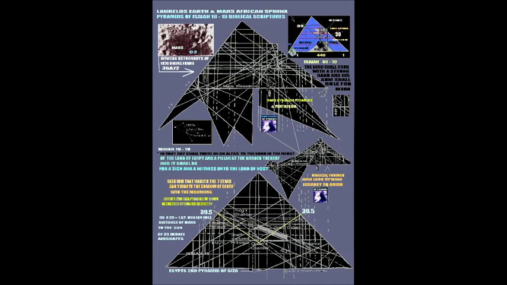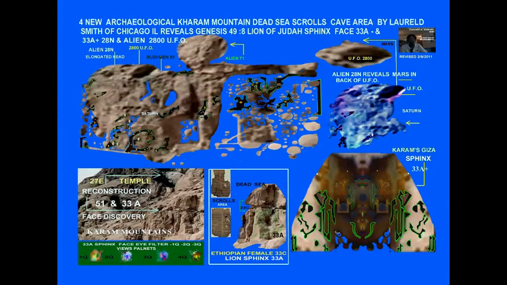So I originally connected the Mount Koran Dead Sea Scroll area, ancient rock carvings of an elongated alien, and I named him Alien 71. This alien carving in the Dead Sea Scroll area mountain is carved next to an Egyptian Sphinx 33A.